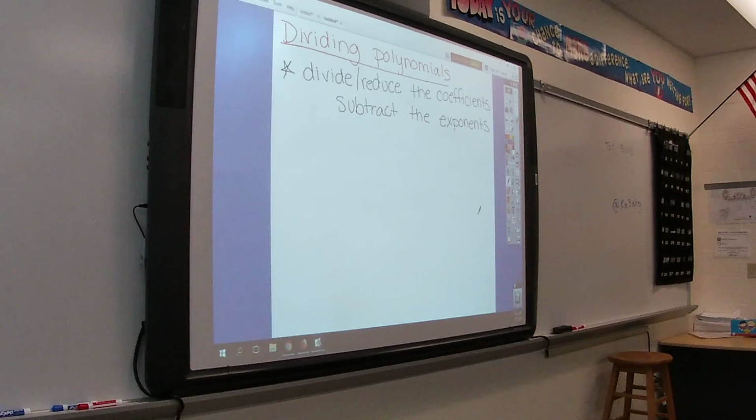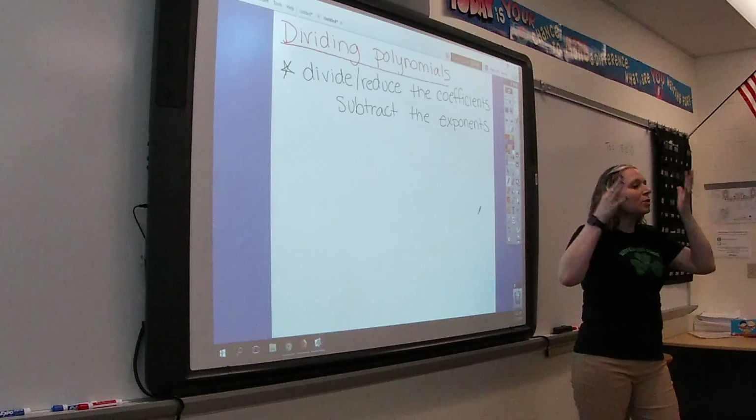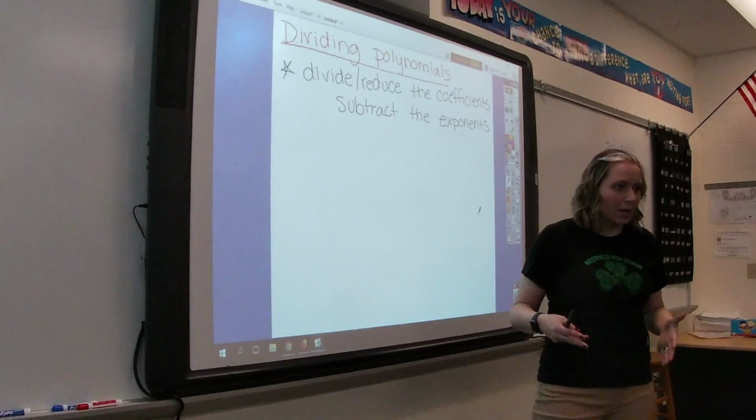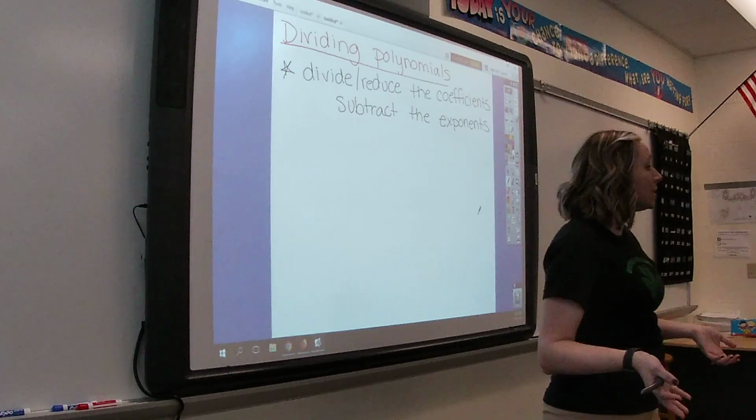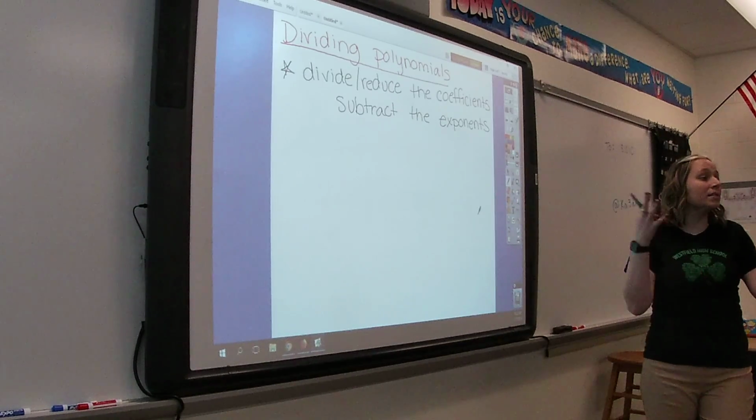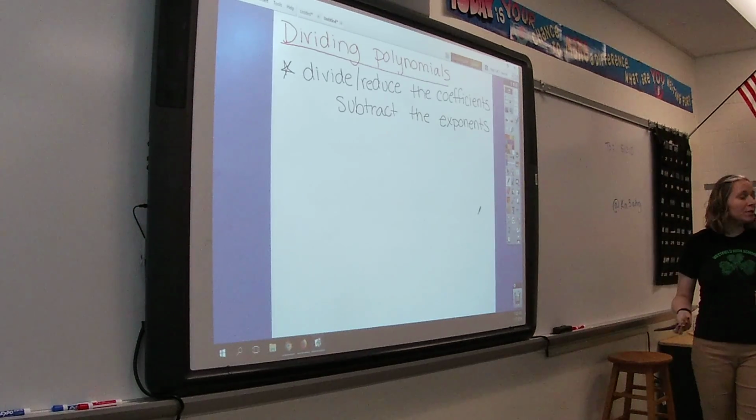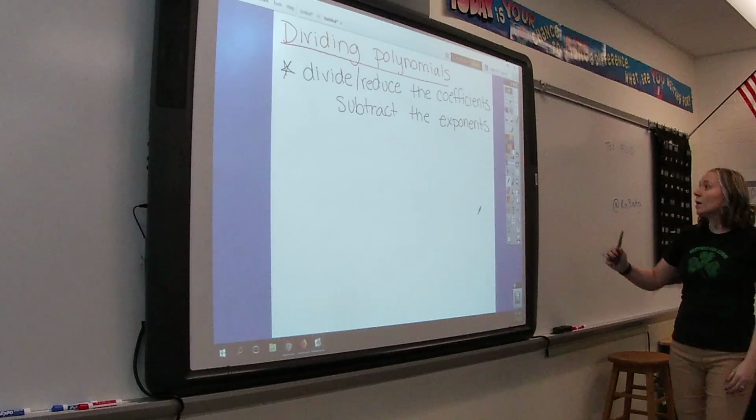Exact same rules that we've had for however many days we've been talking about this. This isn't changing. And just like with multiplication, once we know that rule, we're just going to apply it multiple times within the same problem. So that same thing happens today. We're just going to apply that division rule multiple times within one problem.